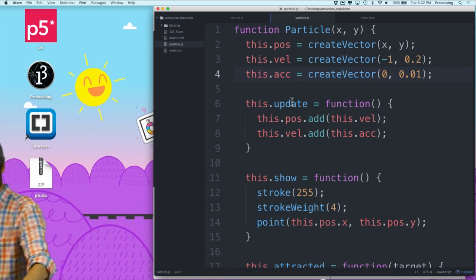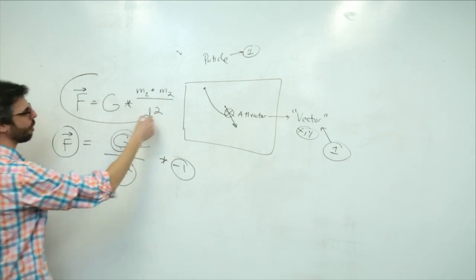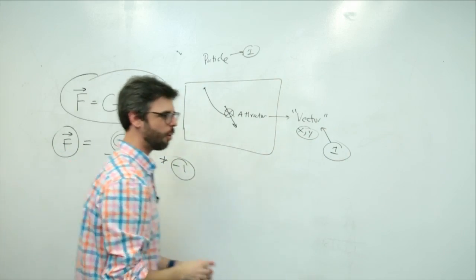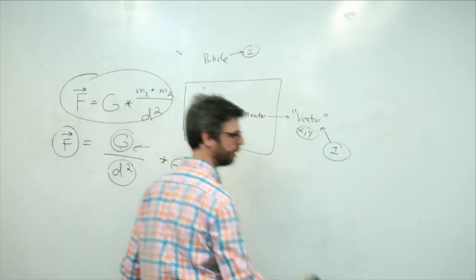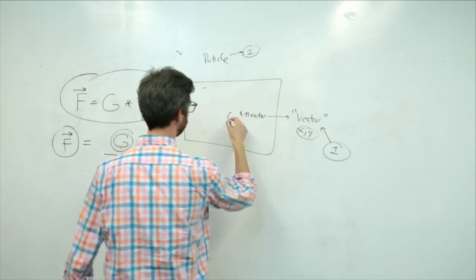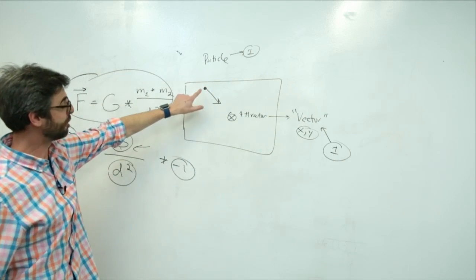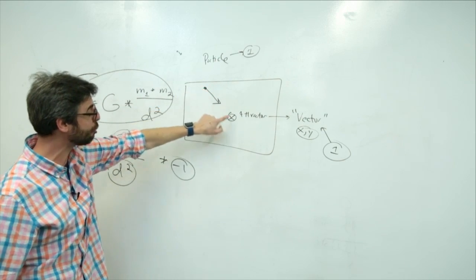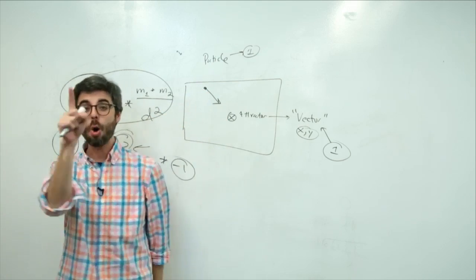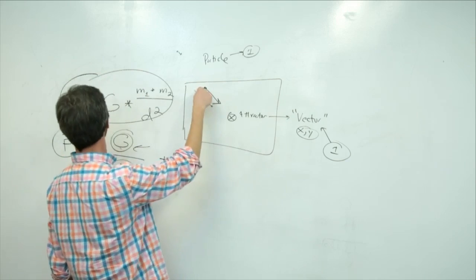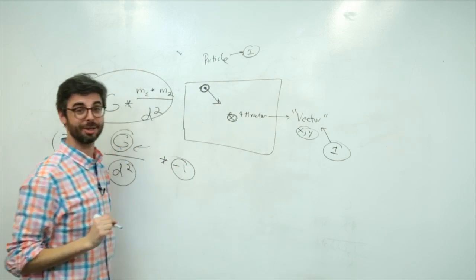Now, if you recall, I said here's this thing called a force, and the force is a vector that is going to, I want to have this particle be attracted to the attractor wherever it is. So I need to calculate a vector that's always pointing from this particle's location towards the attractor.